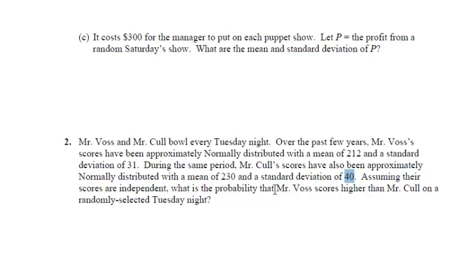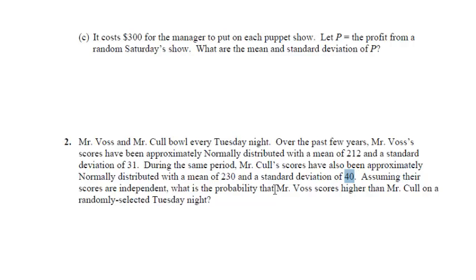So my mean was negative 18. The actual, people are like, well, what score is the actual? Well, Mr. Voss minus Mr. Cole, okay? Basically, where they break even is when they have the same number. So we want to know, where do they break even?